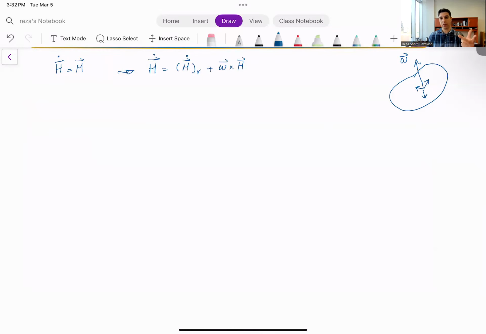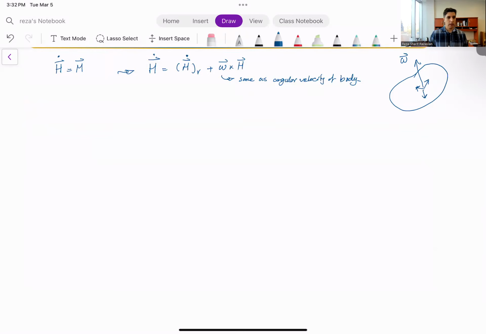And because the frame was fixed to the body, this omega was the same as the angular velocity of the body. So this works, and we worked with it. We continued a bit and derived Euler's equations, three or four videos ago, if you don't remember.